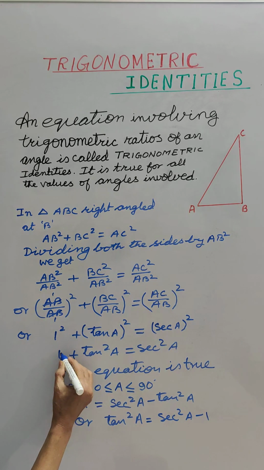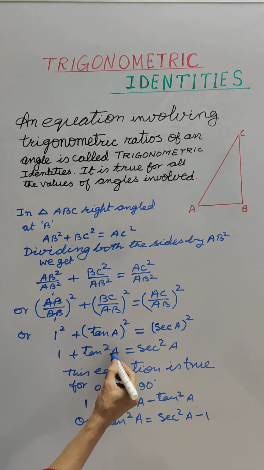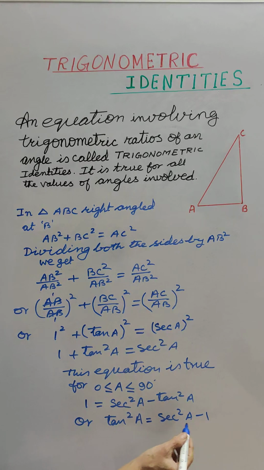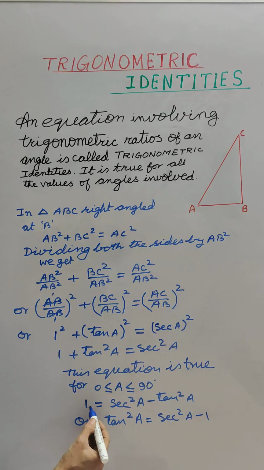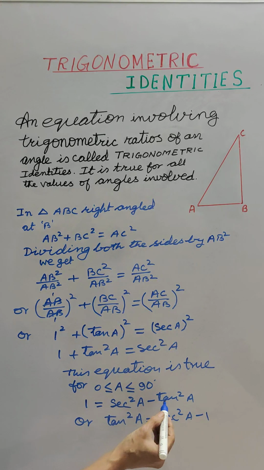If we transpose this 1 to that side, we will get tan square A equals sec square A minus 1. And also if we transpose tan square A to that side, we will get 1 is equal to sec square A minus tan square A.